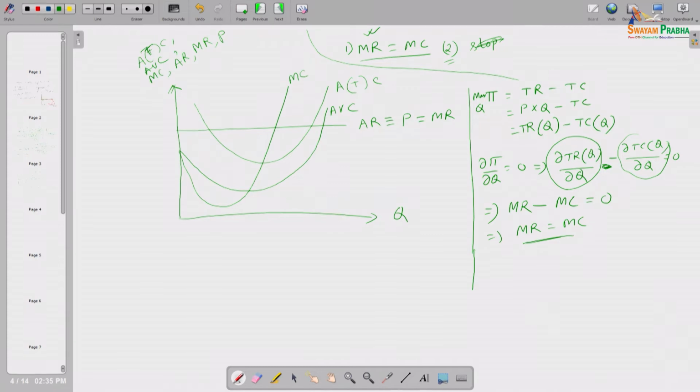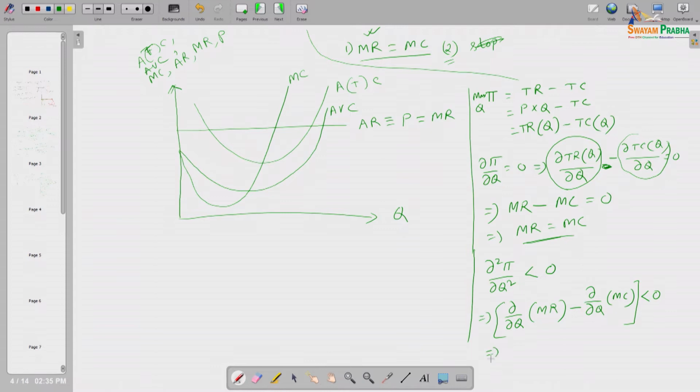What is the sufficient condition, or second order condition? Of course, del 2 pi del q 2 must be less than 0. If you do that, it will be del q of MR minus del q of MC must be less than 0.